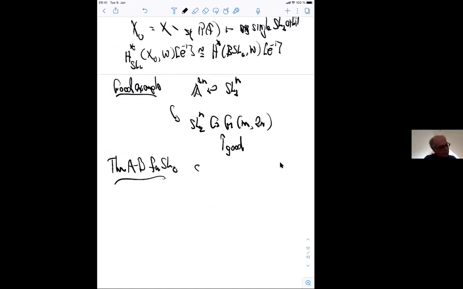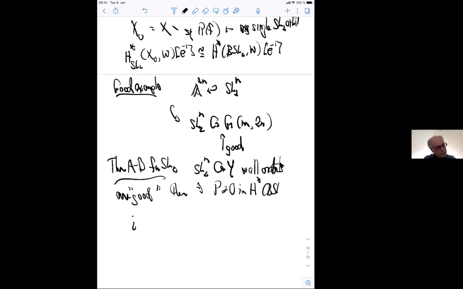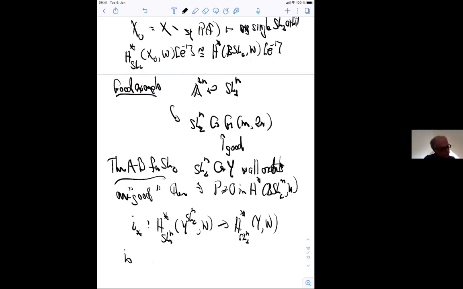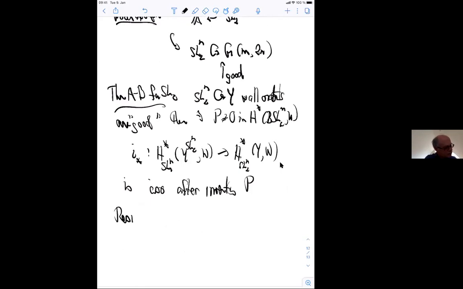If you have SL2 to the n acting on some Y, and all orbits are good in the sense that they fall under the rubric of this proposition, then there exists a P not equal to 0 in the cohomology of BSL2 to the n, such that the pushforward map from the SL2 to the n cohomology of the fixed points is an isomorphism after inverting P. And once you have that, the residue formula is exactly the same. Residue formula holds.